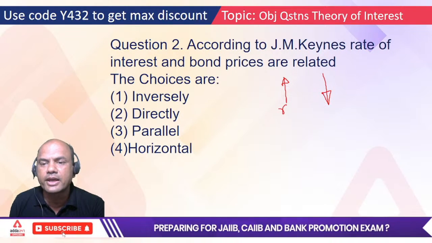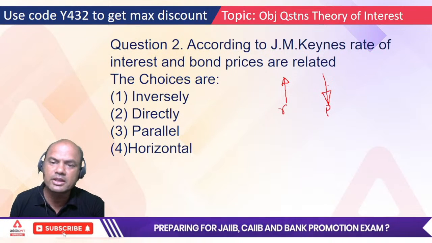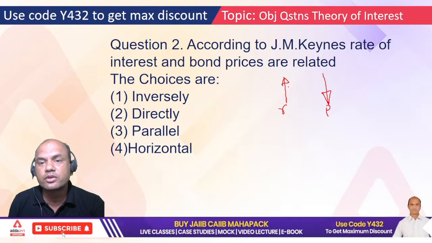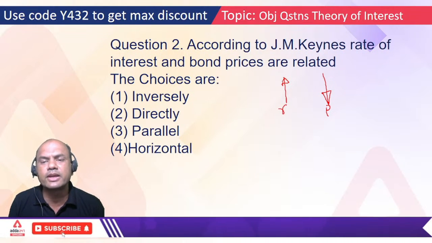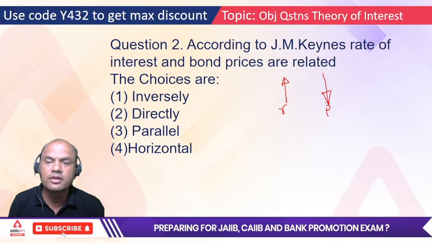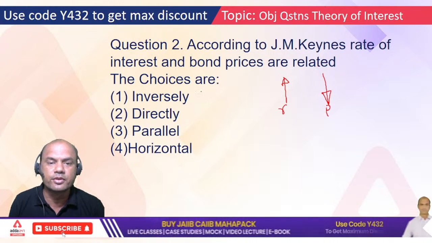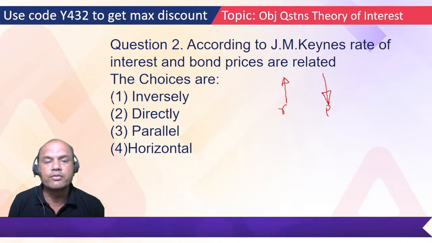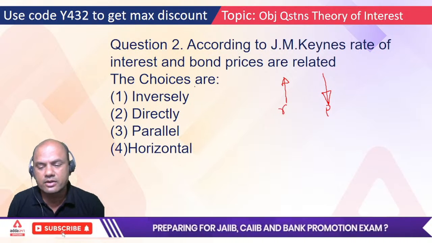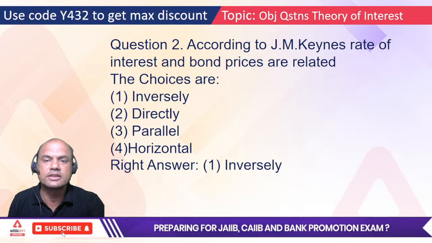As the rate of interest increases, the bond prices go down, and vice versa. If the rate of interest goes down, the bond prices will go up. So are they related inversely or directly? Type fast. Inversely, correct. That is the answer.